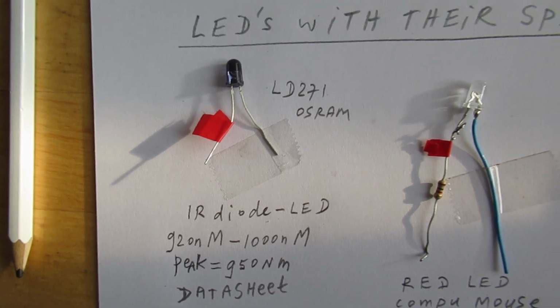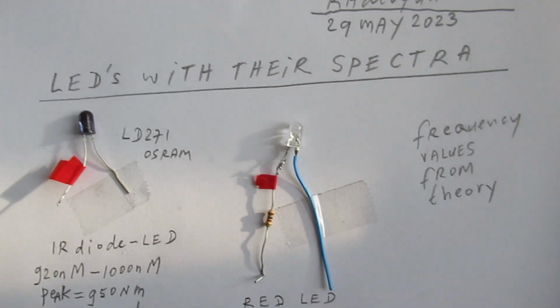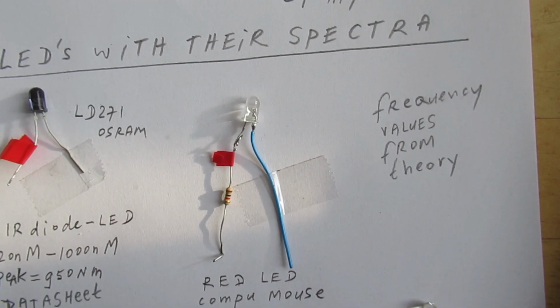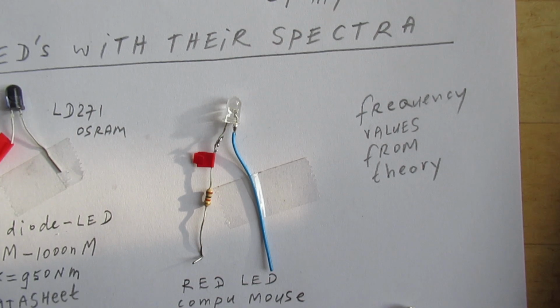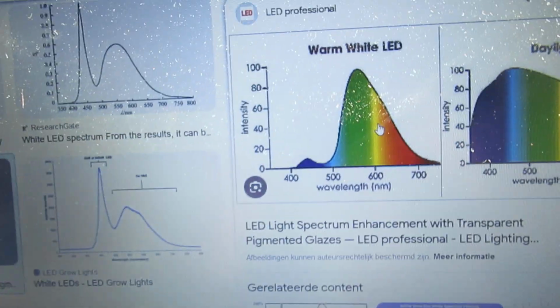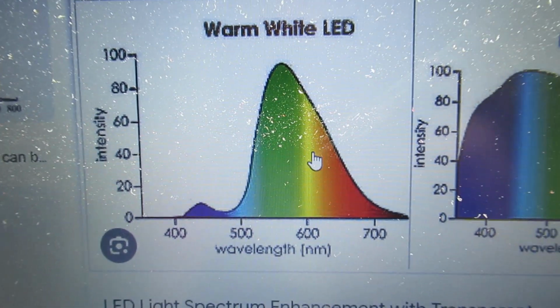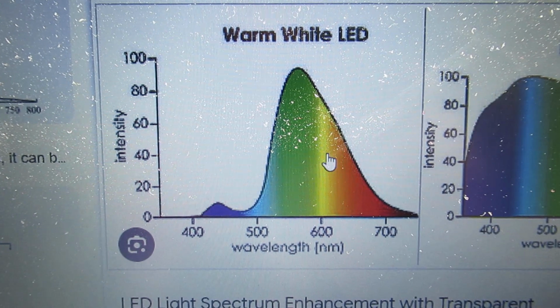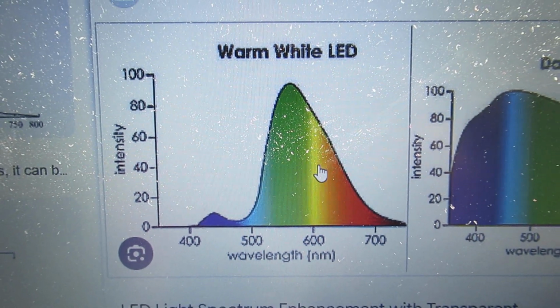That's always the thing that you see when you study LEDs, their frequency, where they stray out light, visible light or invisible light. And for instance, here I found on the World Wide Web, this is the spectrum of a warm white LED. I have taken it over, I didn't control it.